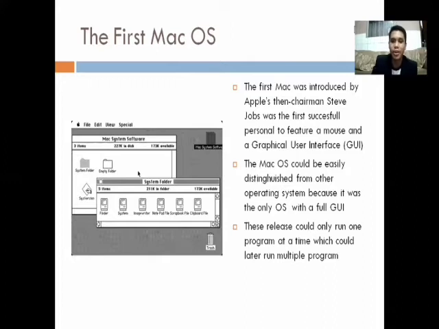The macOS could be easily distinguished from other operating systems because it was the only OS with a full GUI. This release could only run one program at a time, which later could run multiple programs. That's the first macOS, created by Steve Jobs in 1984.